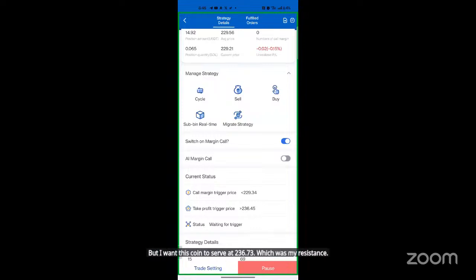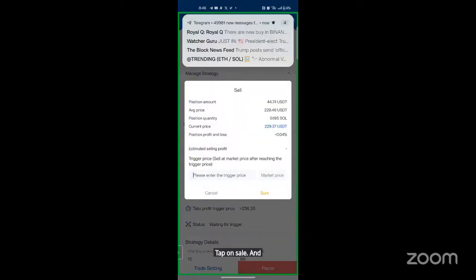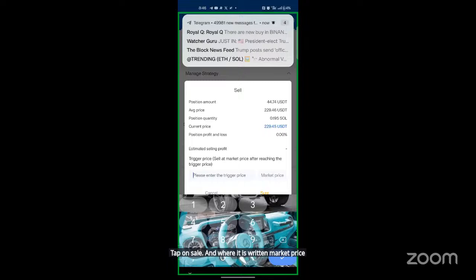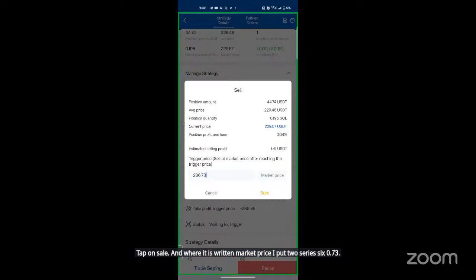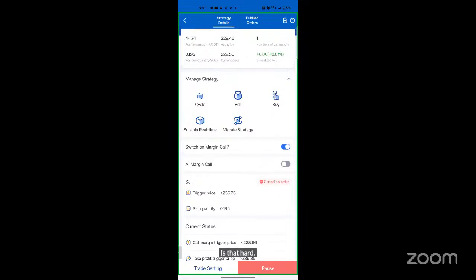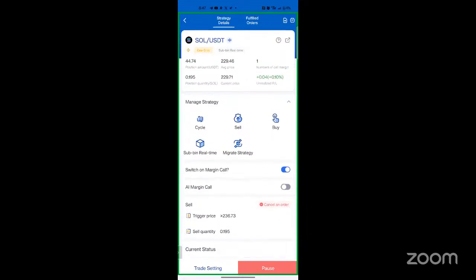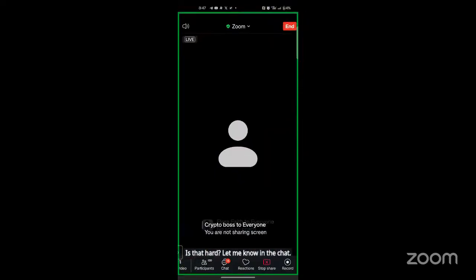So I just tap on sell. And where it is written market price, I put 236.73 and I'll make $1. Then I tap sure. Is that hard? Let me know in the chat.